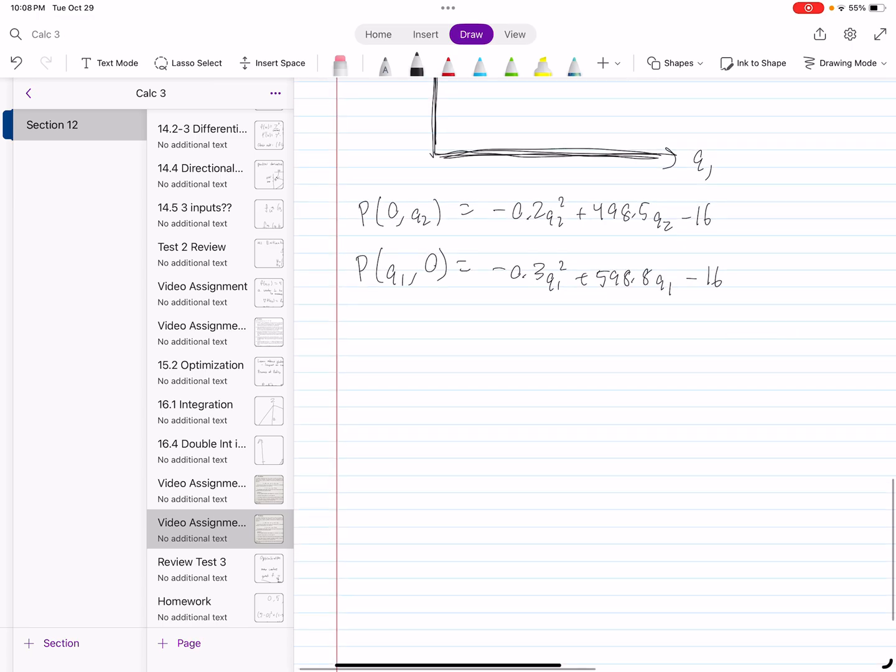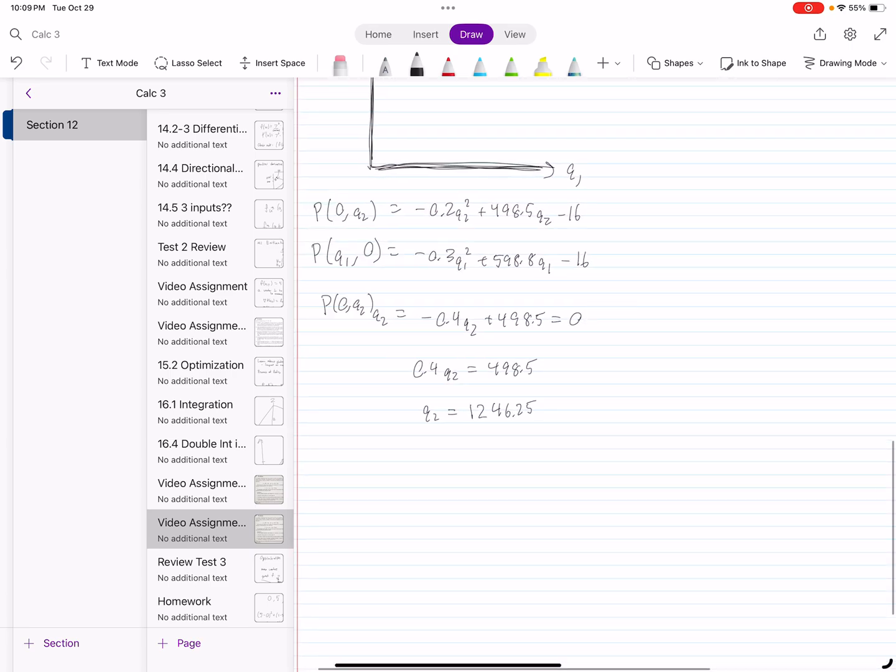So we're going to start with the first function of 0, q2. The derivative with respect to q2 is equal to negative 0.4 q2 plus 498.5. And we will set that equal to 0. And then 0.4 q2 is equal to 498.5. And q2 is equal to 1,246.25.